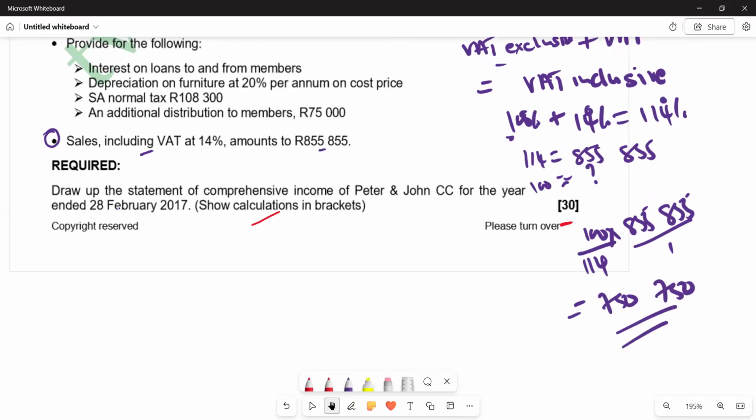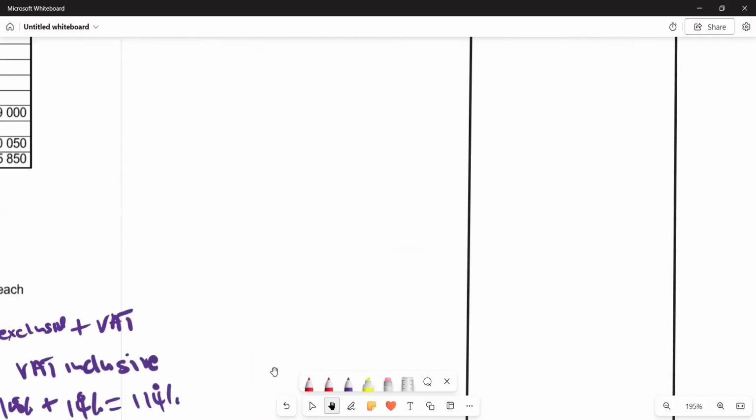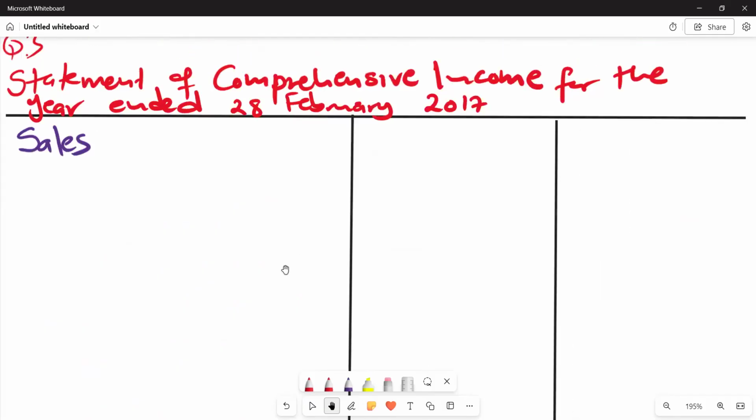This is exactly the figure that we are going to show in the statement of comprehensive income. So going there now, we are just going to summarize our working that led us to the final answer.